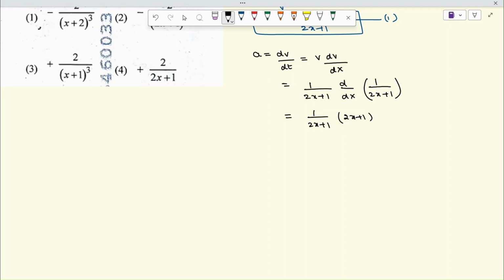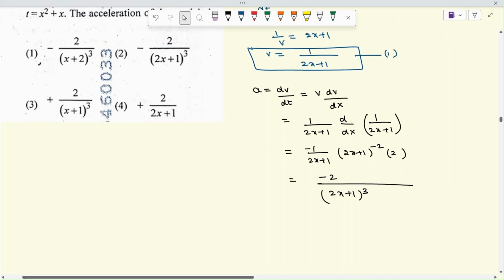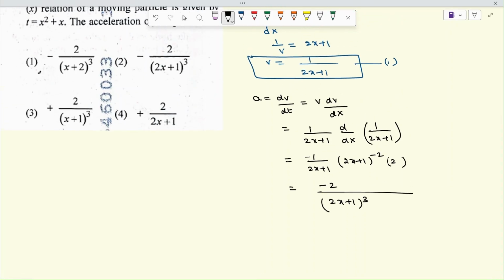Now it will become minus 1 which is minus 2 into, because of the denominator another negative will come here, into differentiation of this denominator term, that will be 2. Now final equation will be minus 2 by 2x plus 1 power 3. Answer is second option.